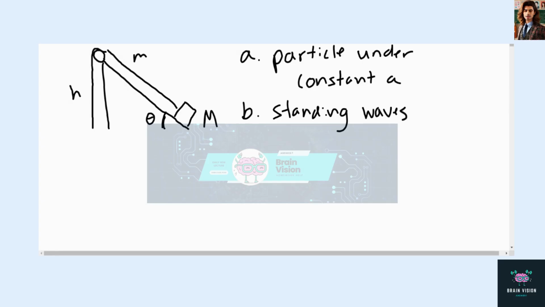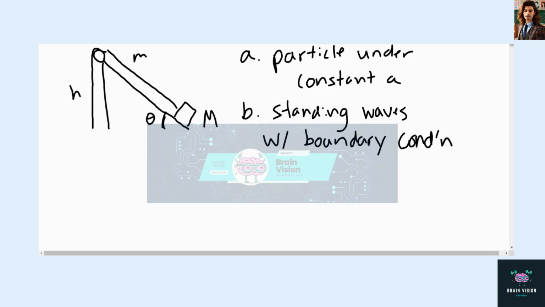We know this because it's bound at both ends. So at the bottom, it's tied to the table or whatever it's on, and at the top, it's going over the pulley. So we know that it has a boundary condition there as well.